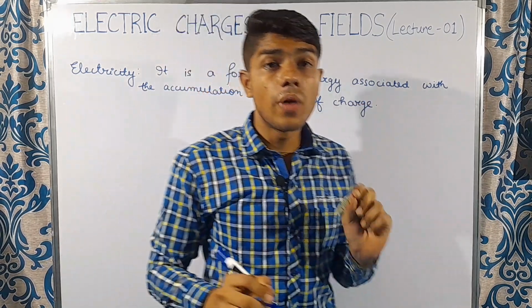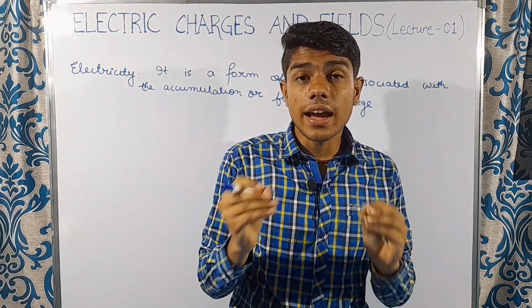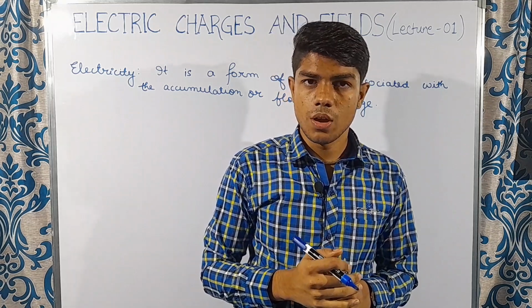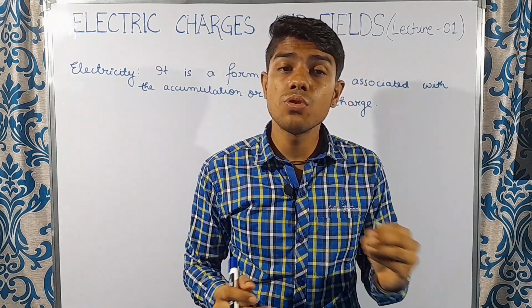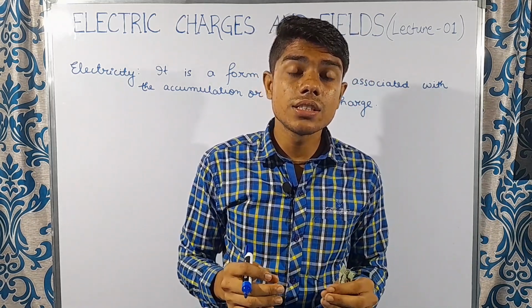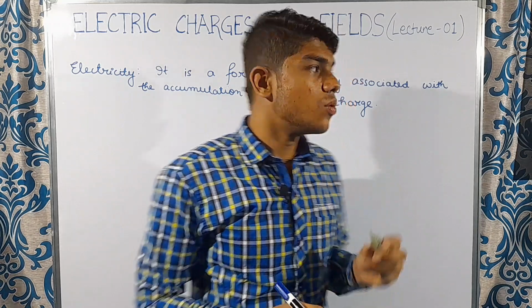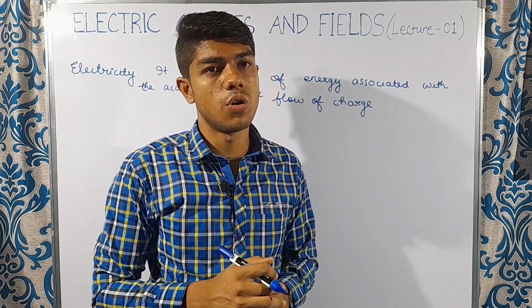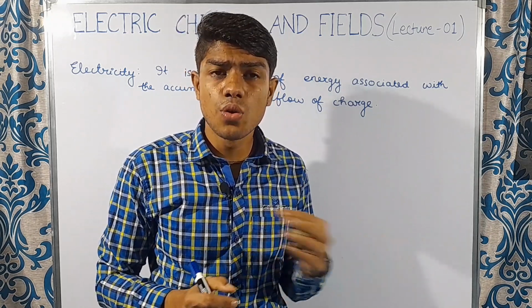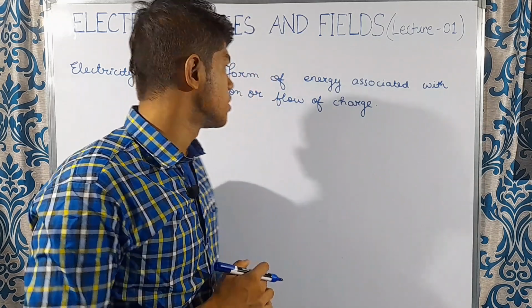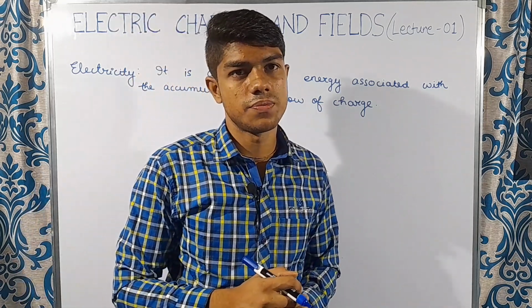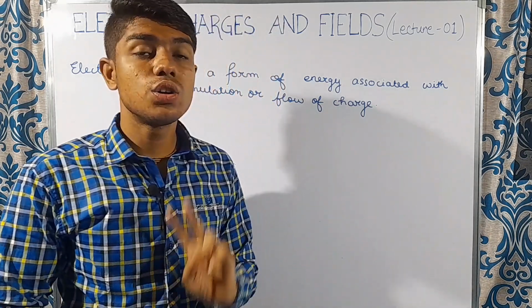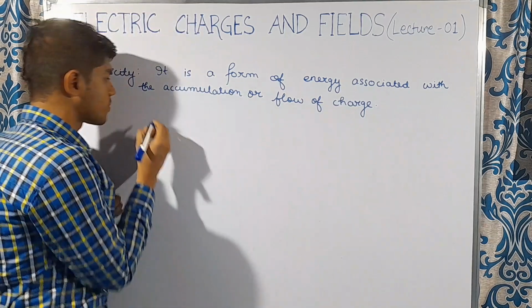Which means that whenever charges get accumulated in a body or whenever charges flow through a body, the energy that is associated with the charges that have been accumulated within the body or the charge that is flowing is called the electricity. Understood?